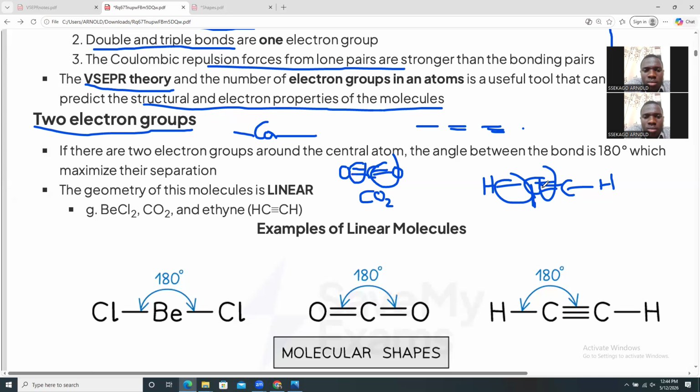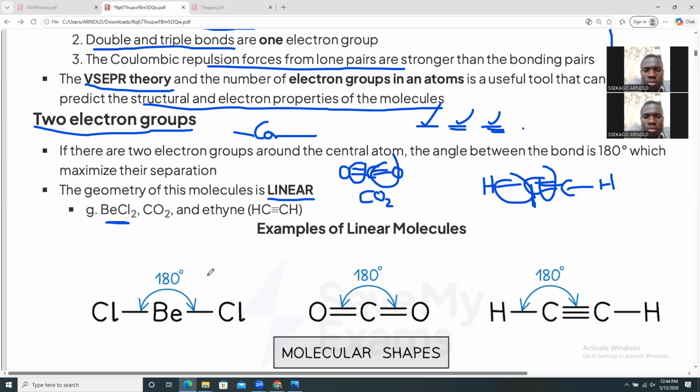Now, valence-shell electron pair repulsion theory says that if you have an atom surrounded by two electronic groups, bearing in mind that an electronic group is a single bond, a double bond, a triple bond, or a single electron, then it has a linear shape.